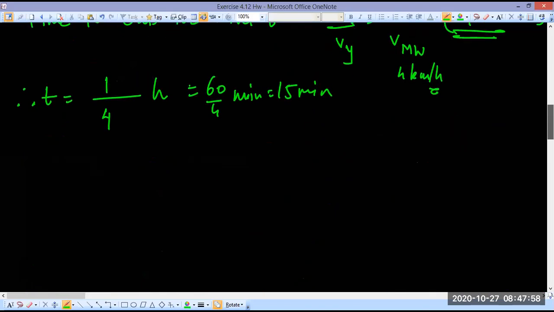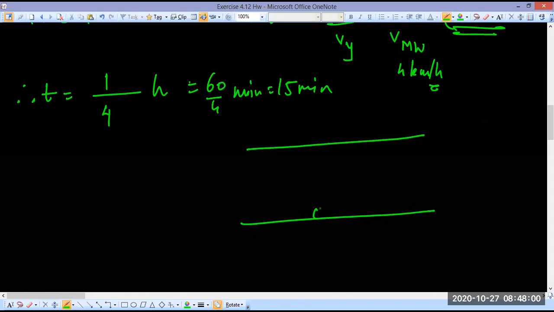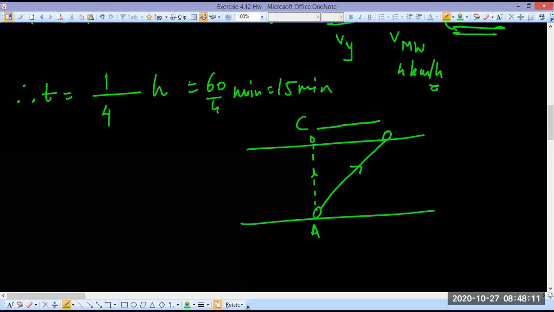I repeat, I'll just draw it very quickly again over here. He was trying to go from this point A to the point C, but because of water flow he ends up going over there. So how much downstream did he get dragged? That is delta x. This is delta y and that is delta x.